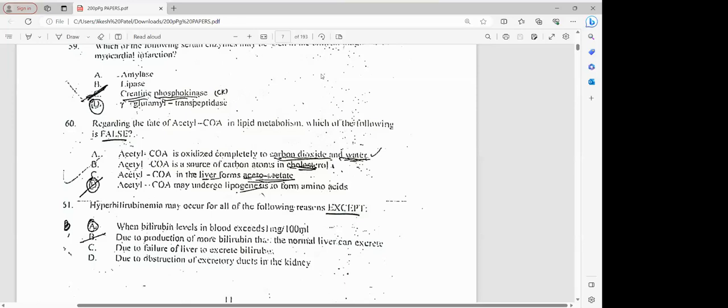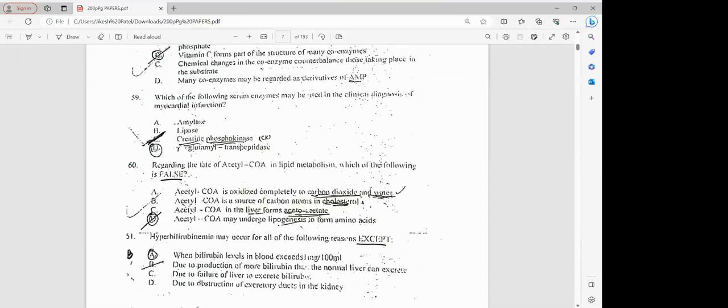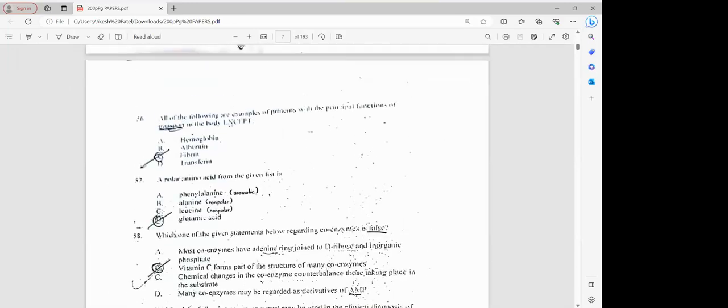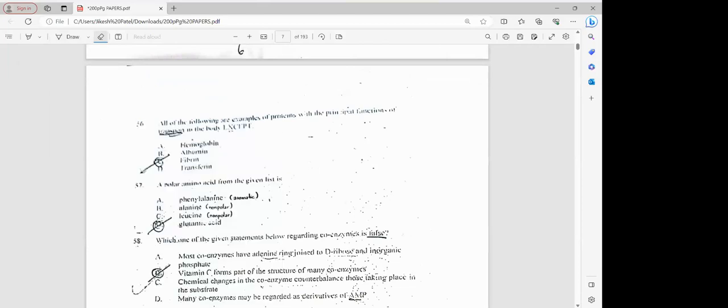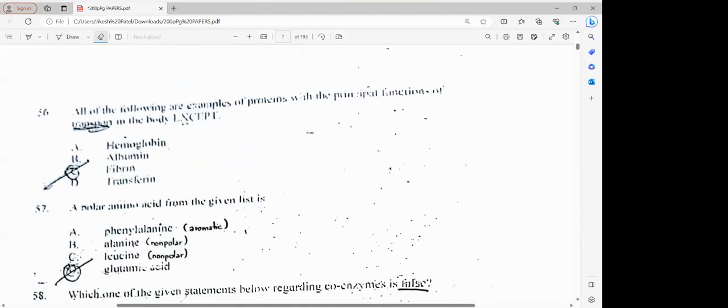Is it starting from 59? Okay. All of the following are examples of proteins with the principal function of dash in the body except.